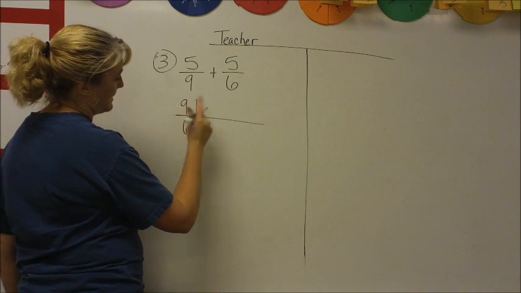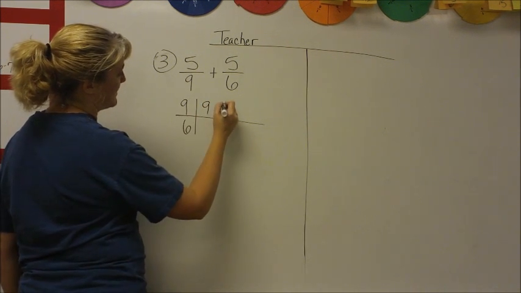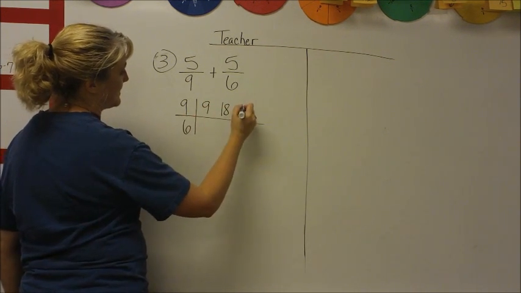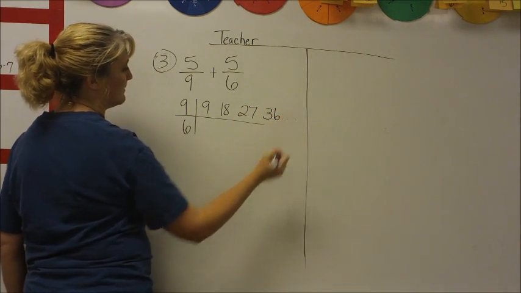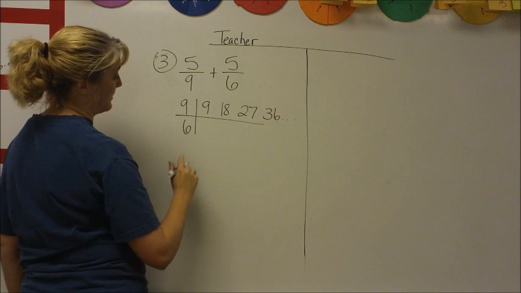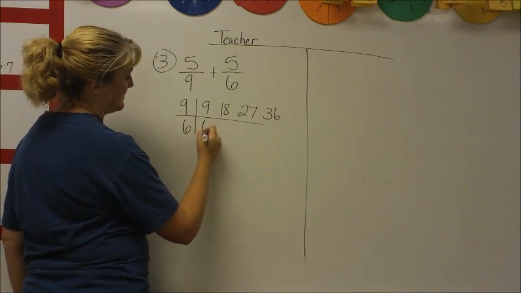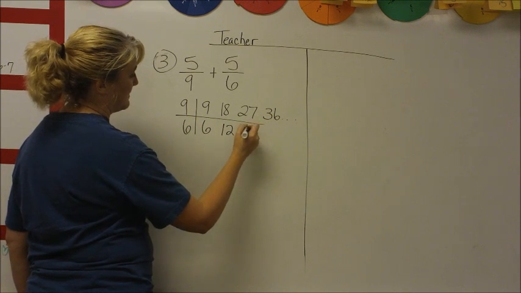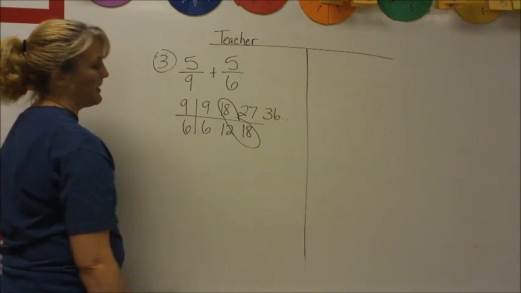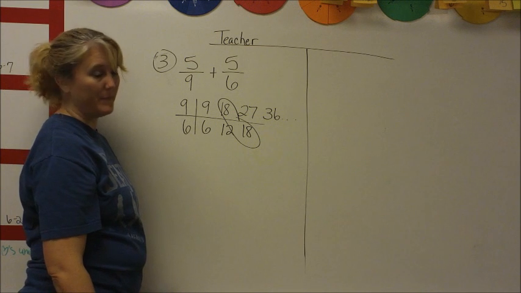Alright, 9 times 1 is 9, 9 times 2 is 18, 9 times 3 is 27, 9 times 4 is 36. Maybe that's as far as I need to go. 6 times 1 is 6, 6 times 2 is 12, 6 times 3 is 18. There's my least common denominator.